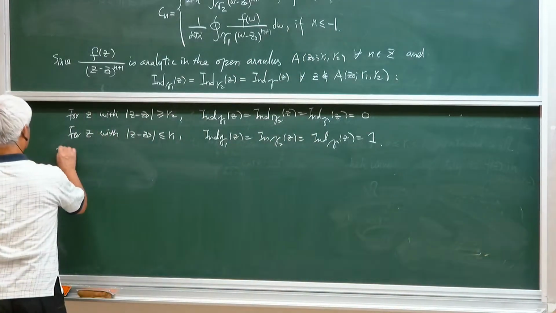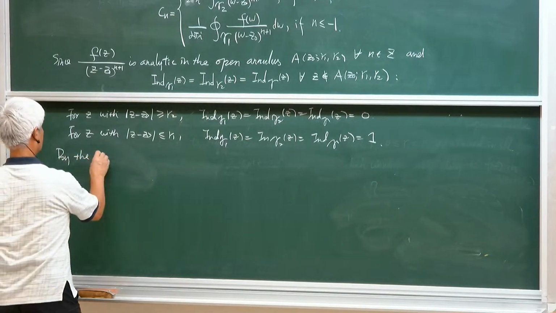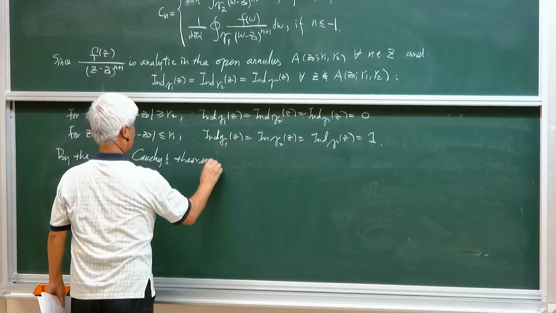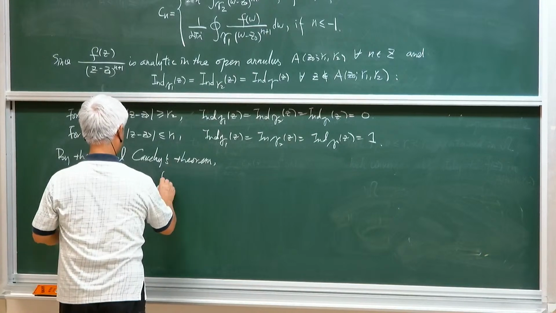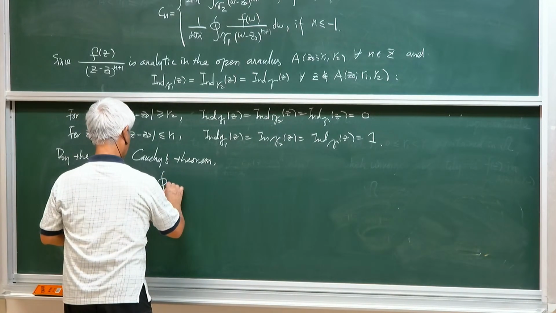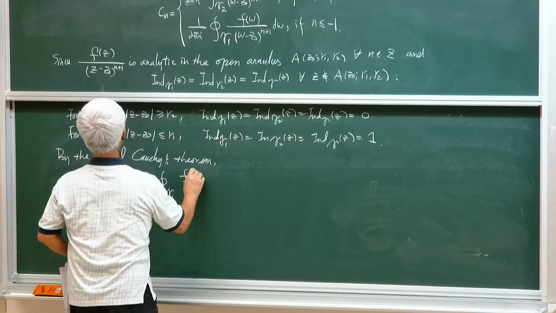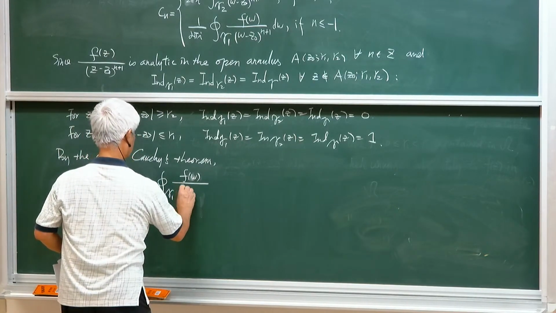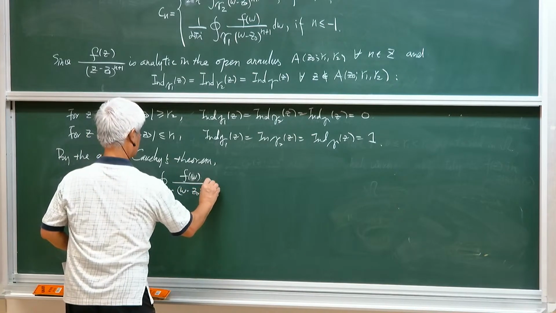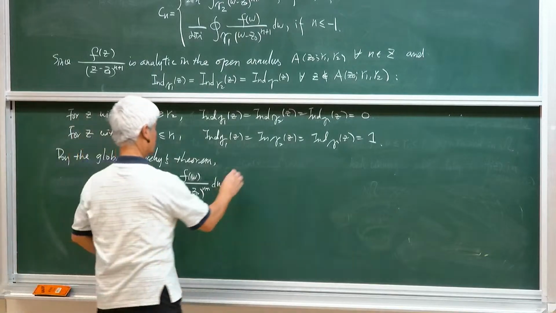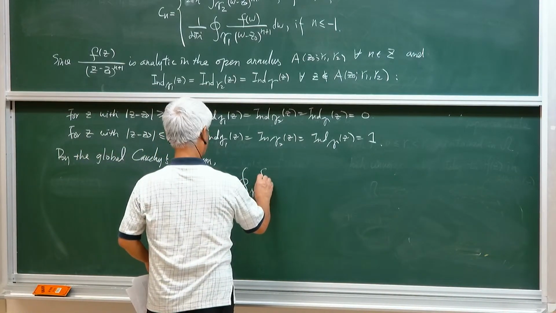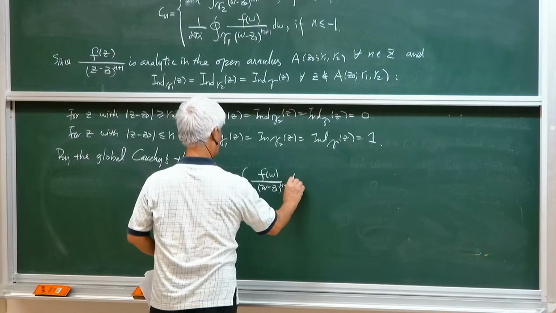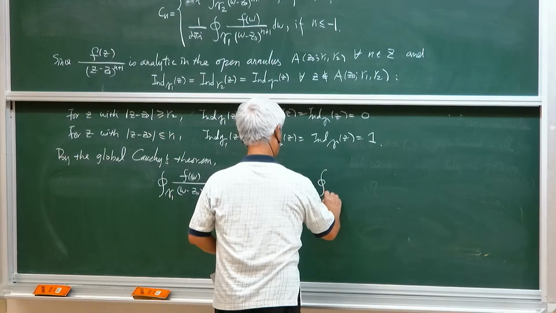So again, by the second statement of the global Cauchy's theorem, the integral of the analytic function over gamma 1 will be equal to the integral of the same function over gamma 2, and also equal to that over gamma.